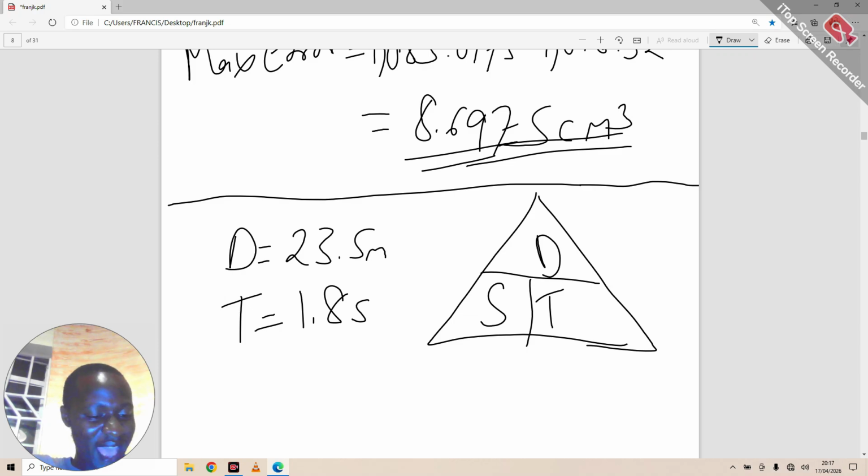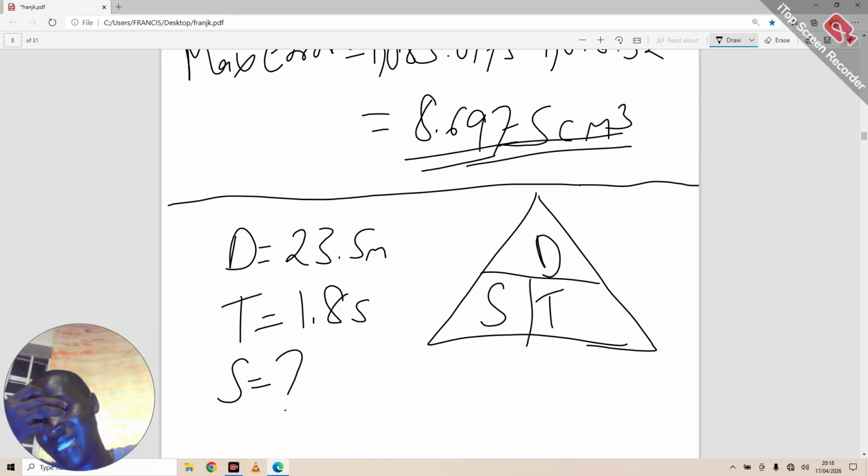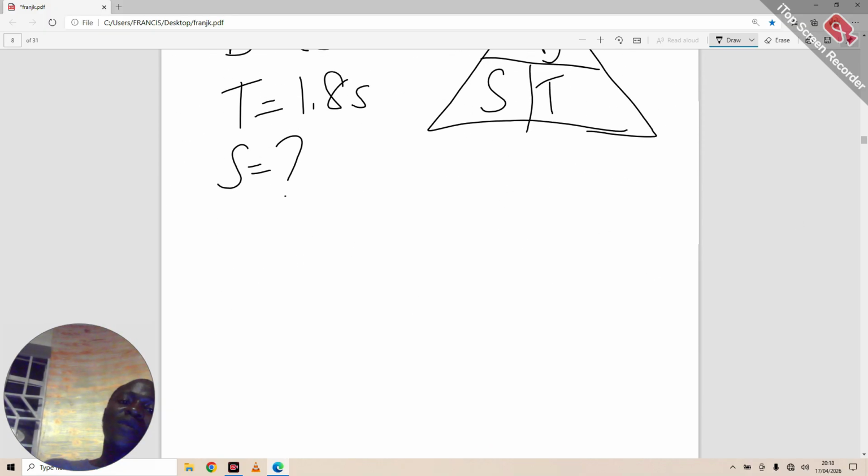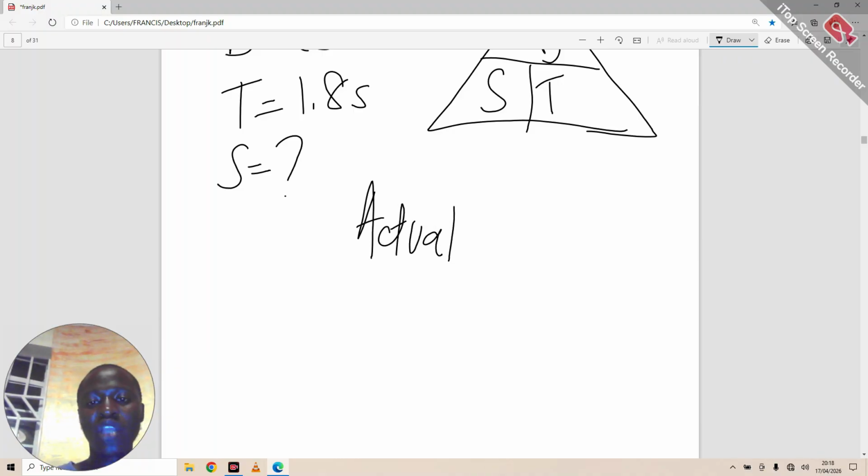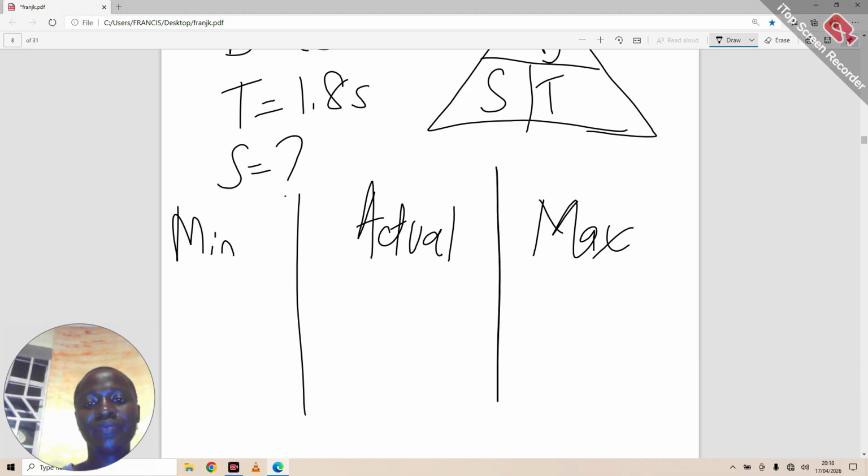And the question asks, find the percentage error in its average speed. So an examiner wants you to get the speed in terms of getting the percentage error. So arrange your work. So we have the actual, maximum, and minimum.